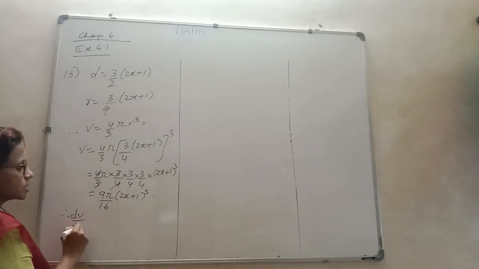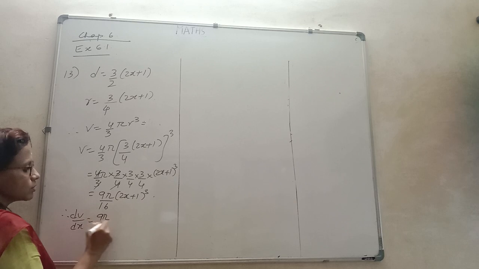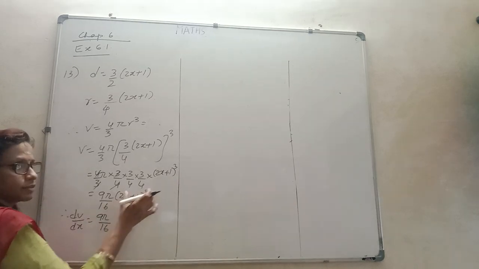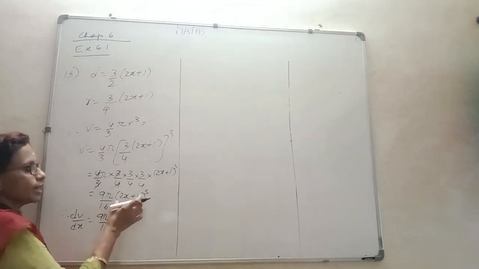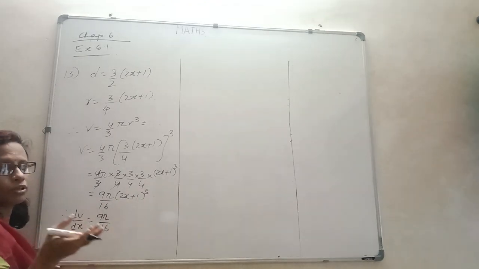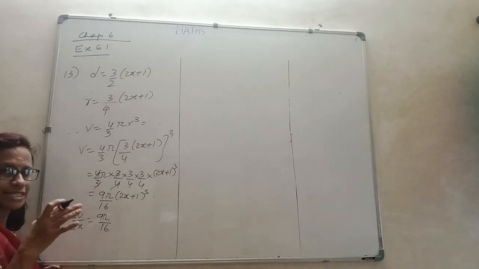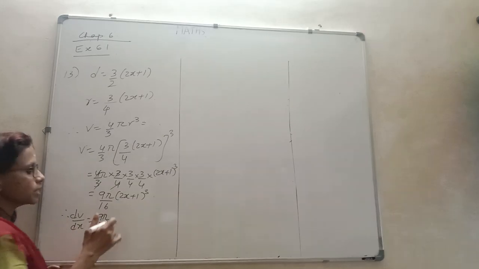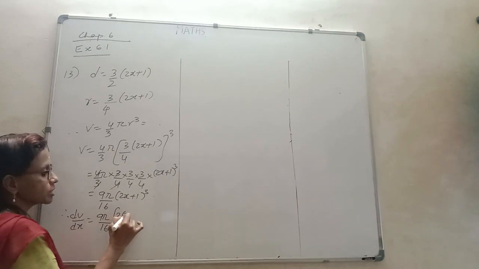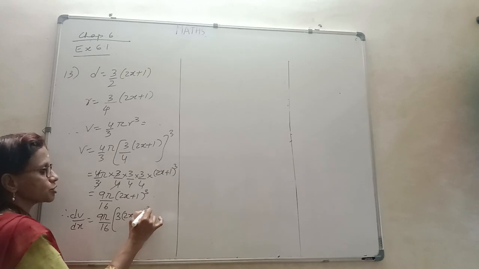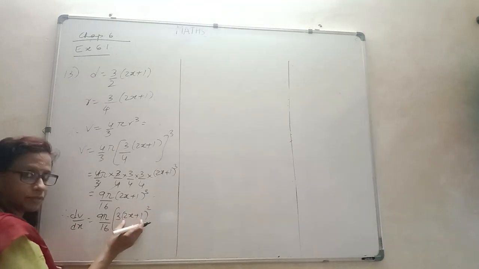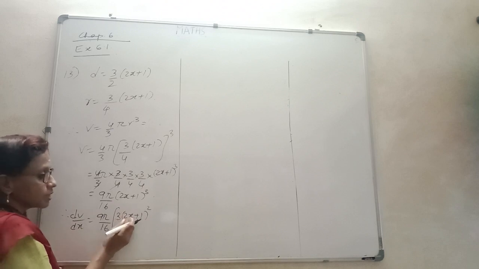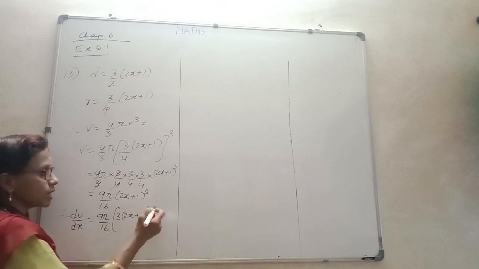Derivative with respect to x: 9 pi by 16 is a constant. Take the derivative of the power first, then the derivative of the base function. Anything raised to 3, the derivative of a power is n times x raised to n minus 1. So it is 3 times (2x plus 1) raised to 2, and then the derivative of the base. The derivative of 2x plus 1 is the derivative of 2x plus the derivative of 1.